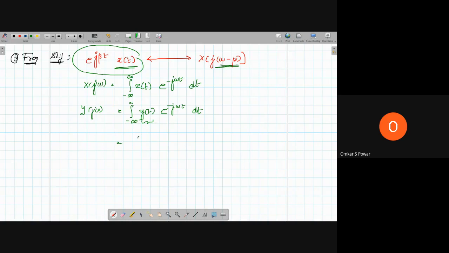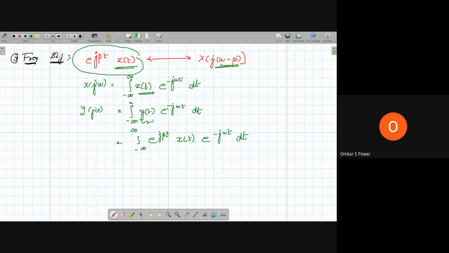So Y of j omega is equal to integral from minus infinity to infinity, now your y of t is e power j beta t into x of t, into e power minus j omega t dt. Because now you want e power j beta t into x of t instead of normal x of t.